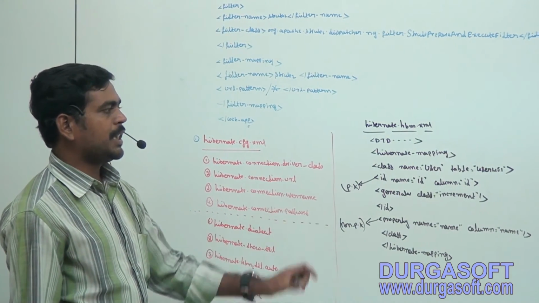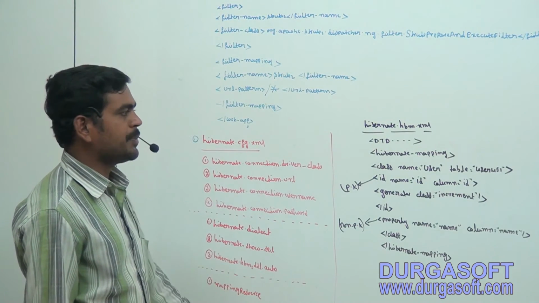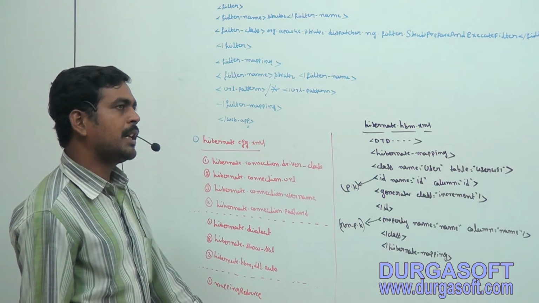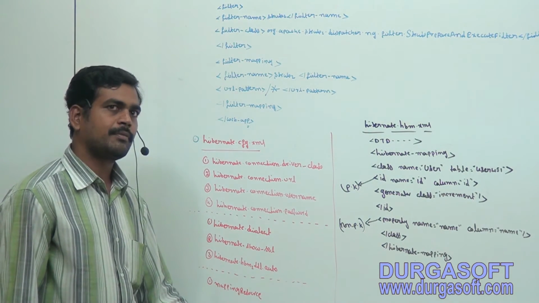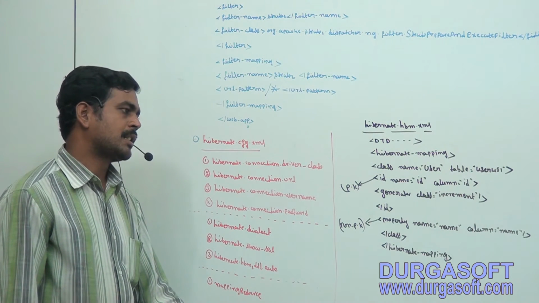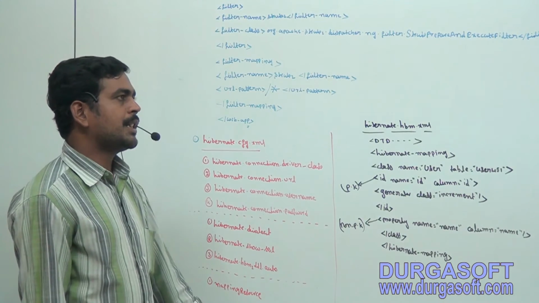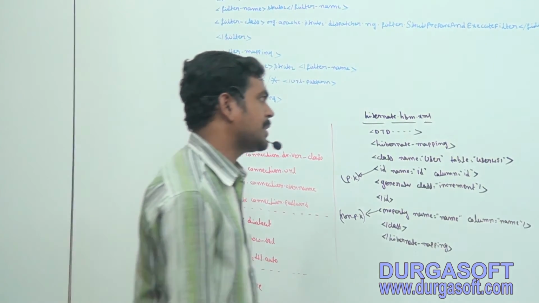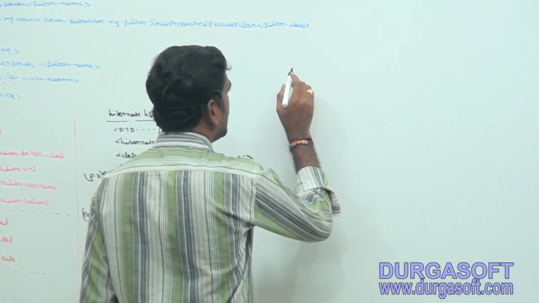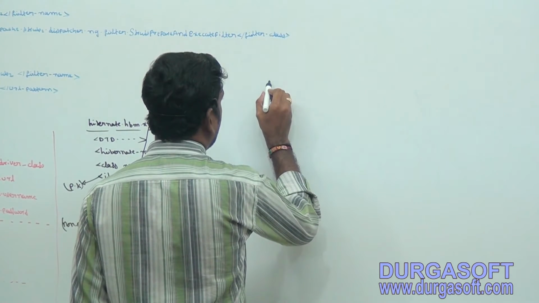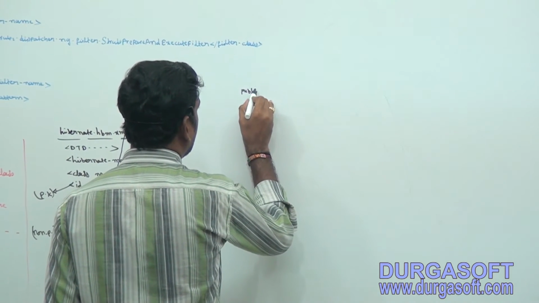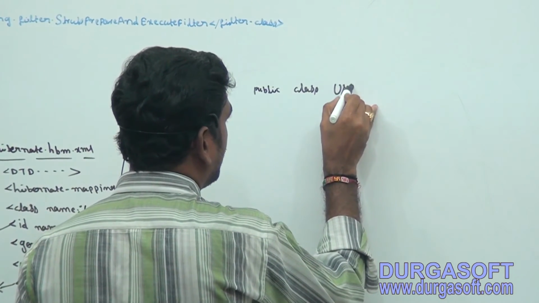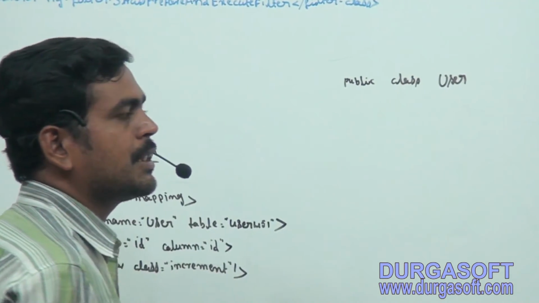Like this we can develop the HBM file, the CFG file, the POJO class, and finally the action class. What is that action class here? I am going to take one action class, that is User. Public class User.